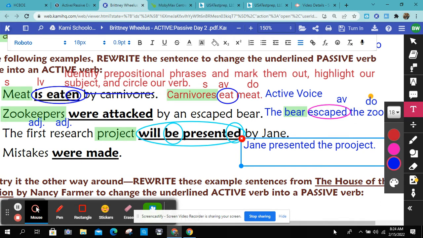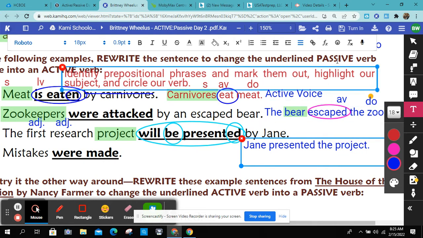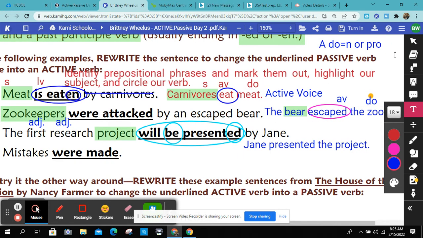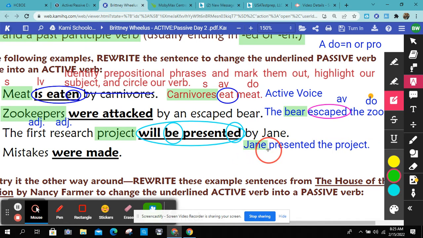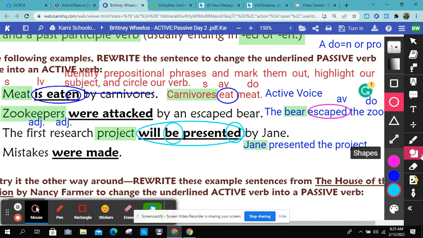Jane presented the project. Now, what is my subject in Jane presented the project? Jane, my subject. The subject of a sentence always has to be a noun or a pronoun. All right, what did Jane do? Jane presented.